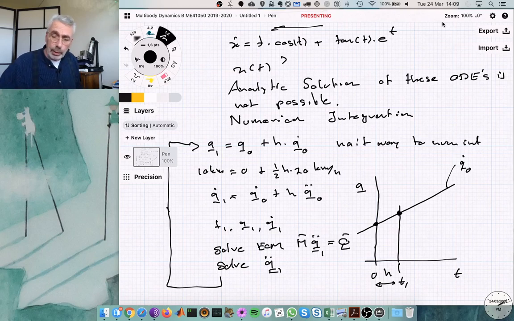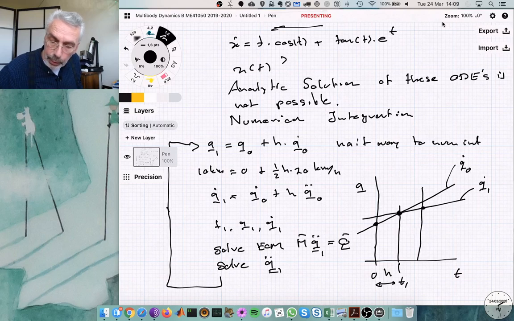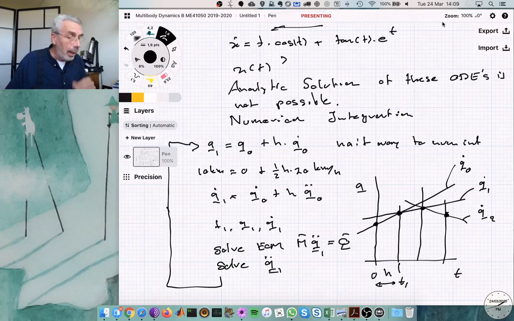That's just a linear guess. And then from the linear guess, again you calculate what is my derivative, and maybe your q dot in 1 is a little bit lower, and then your next step is here. And then you calculate again your q dot in 2, and your next step is here. You generate these discrete steps, and you generate the function. So that's the way how we go about numerical integration.